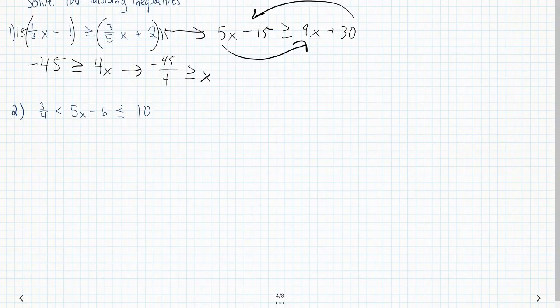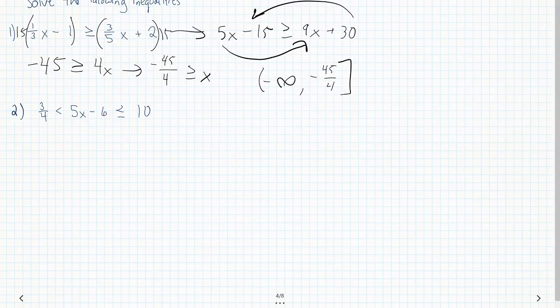And so if we were to write our answer in interval notation, notice that means x has to be a smaller number than that. So we can go all the way to negative infinity, and then we stop at negative 45 over 4. And you close off that with a bracket because we want to include that point.